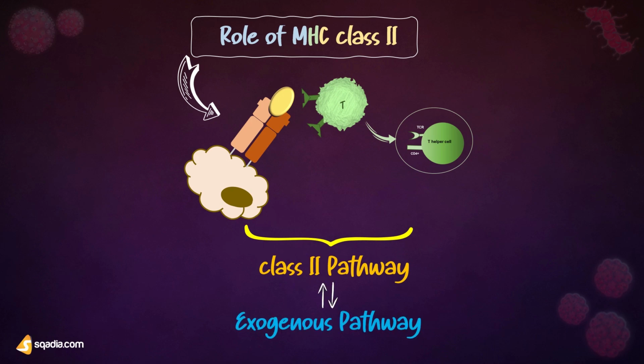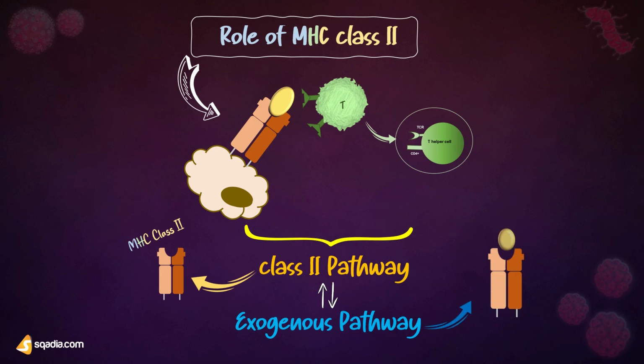This pathway is named the Class II pathway because it is followed by MHC Class II molecules, and is also known as the exogenous pathway, because in this pathway, the antigen that is presented by the MHC molecules is the exogenous one. Now what does it mean?